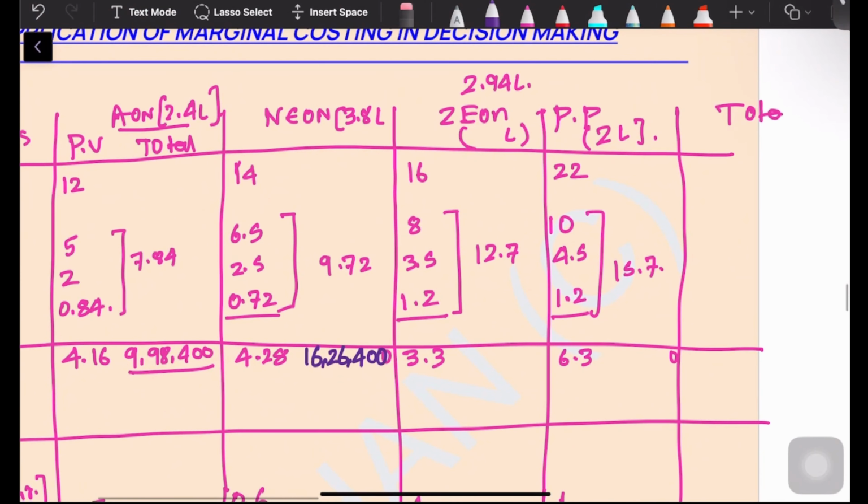Xeon. So I have to also subtract 8,68,000 from this. So that is my cost actually. So I will take that separately. We will take that separately.